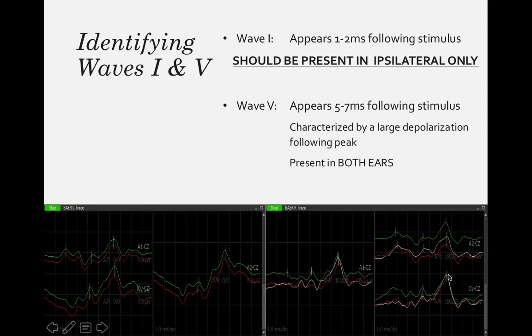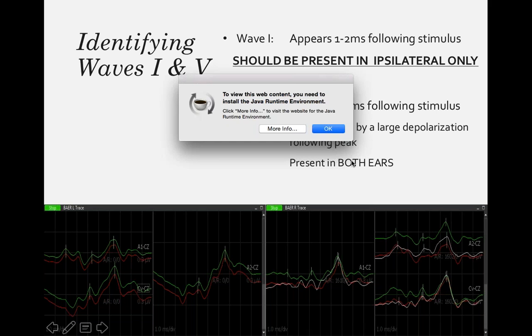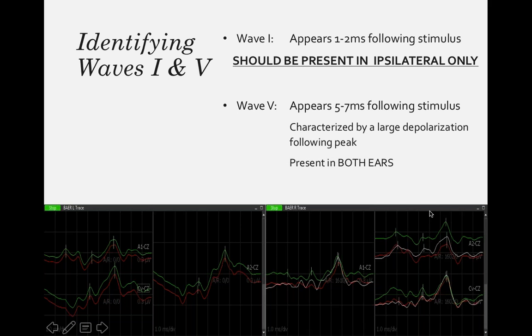You've got your big high peak followed by your large depolarization following that wave 5 peak. So you identify wave 1, you identify wave 5, and then you can assume wave 3 is in the middle. All right. Wave 5 is present in both ears. Wave 1 is present in the ipsilateral ear only.